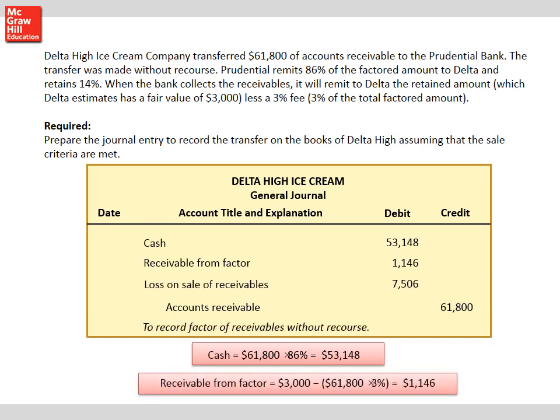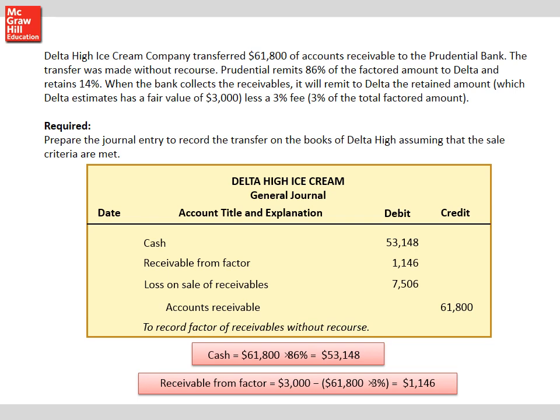And then the difference is the actual loss on the sale. So what this is saying is they gave up $61,800 in accounts receivables. They got cash immediately of $53,148. If Prudential collects all the accounts receivables, the most they can get back is $1,146. That's all they're getting out of this.